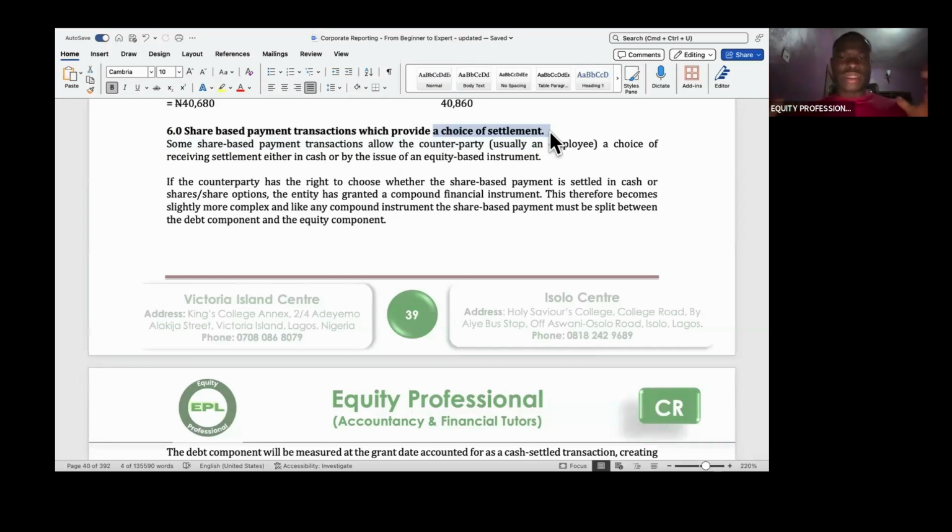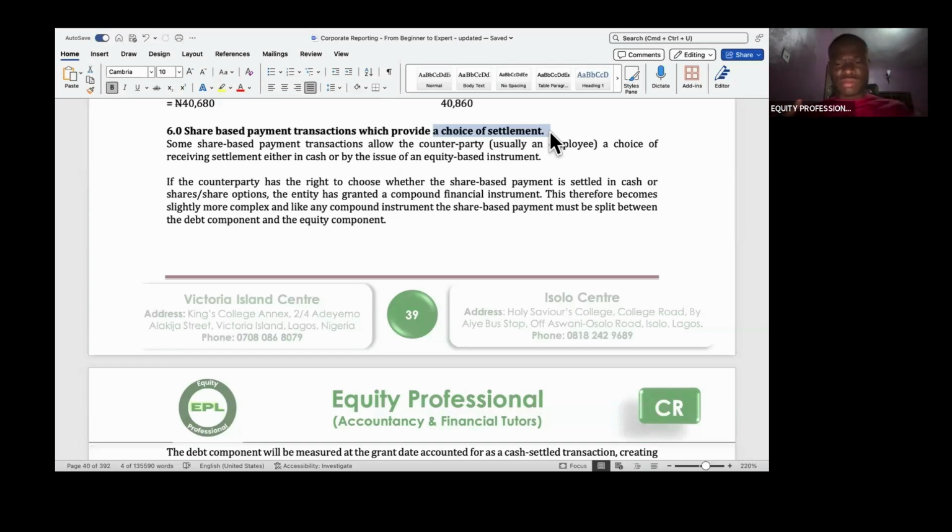I mean, the choice of settlement is between the employer or the counterparty. They have a choice on how that transaction will be settled. Okay, either it should be settled with cash, that is cash settled, or it should be settled with shares, that is equity settled.